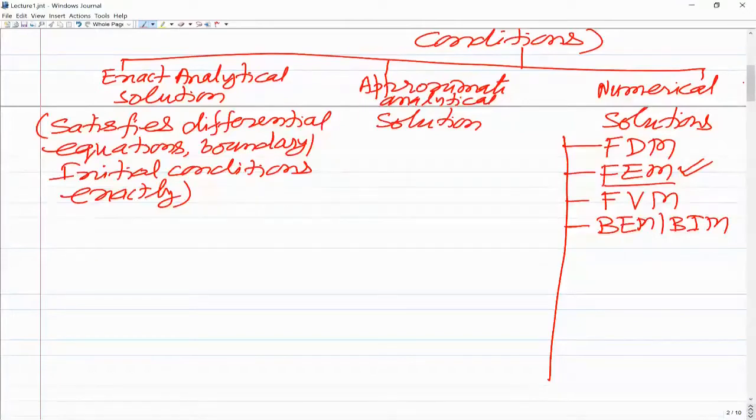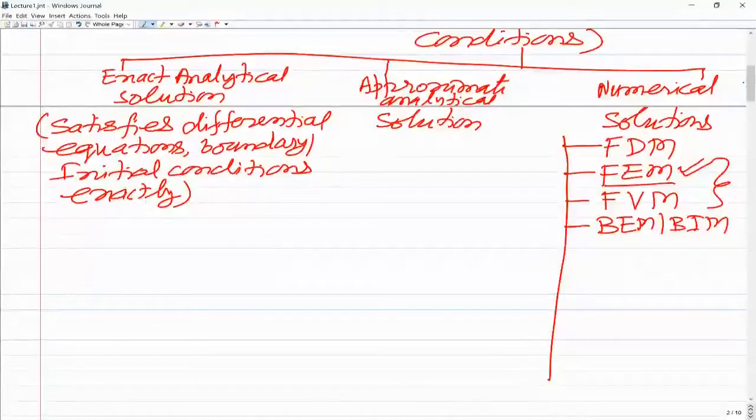So we are looking for an approximate solution of the differential equation over the entire domain in these two approaches, whereas in the boundary element method only the boundary is discretized, and the boundary conditions are solved in an approximate sense. So that is known as the boundary element method, where only the boundary is discretized.